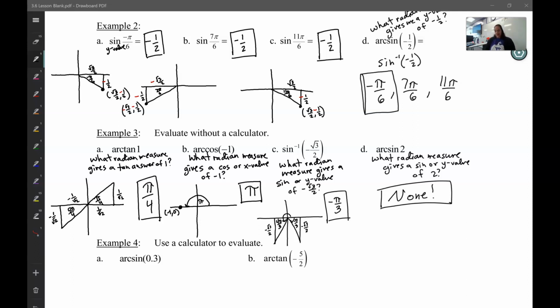D is interesting. What radian measure gives a sine or a y value of 2? Well, none of them. What's the biggest that the unit circle gets to in y values and in x values? The biggest the unit circle gets is 1. So it's never ever going to reach 2.